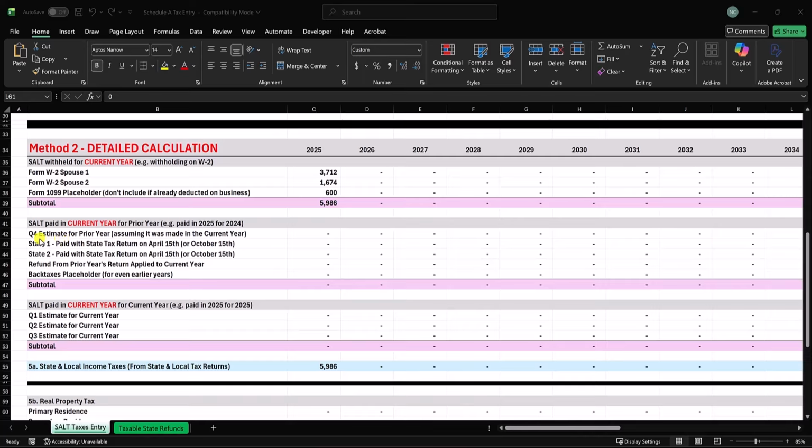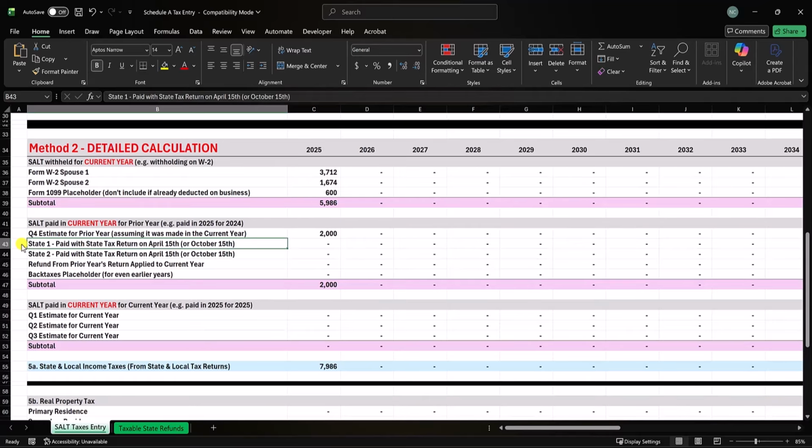So if you're making a Q4 2024 estimated state tax payment and you make it in 2025, by, let's say, January 15th, then that payment was made in 2025. The fact that it relates to 2024 doesn't matter, and so that would be a 2025 deductible item. For this example, I'm just going to throw in a $2,000 Q4 estimated state tax payment.